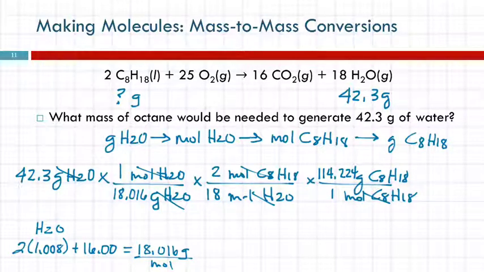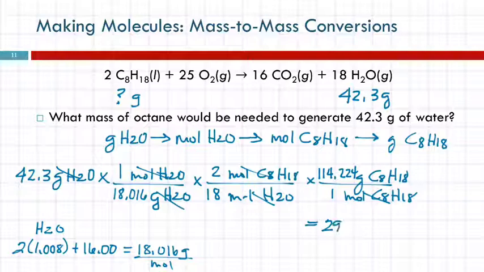So we start at the left and move across. 42.3 divided by 18.016 times 2 divided by 18 times 114.224 equals. It's almost always the starting number that's going to limit your sig figs. The mole ratio is exact, and your molar masses have at least 4 significant figures, so we can just not worry about them.